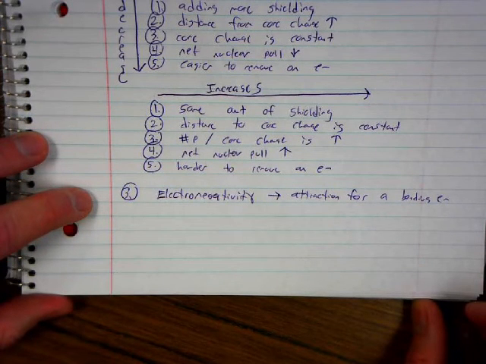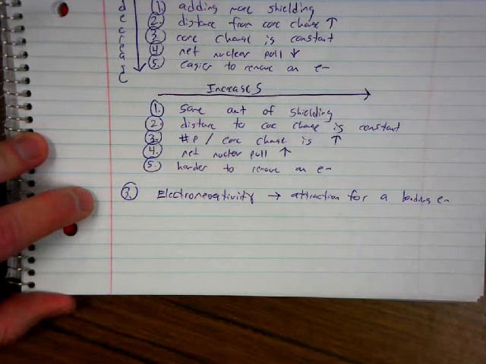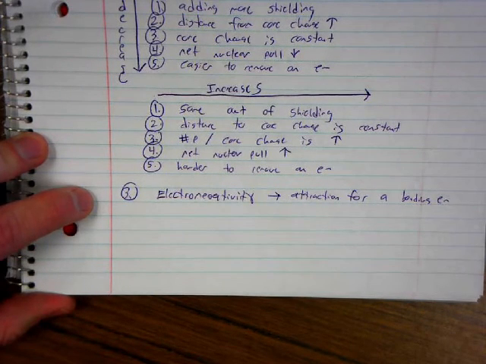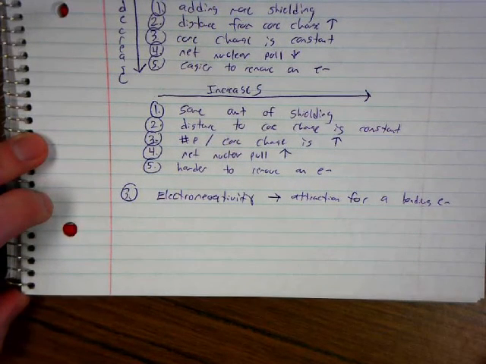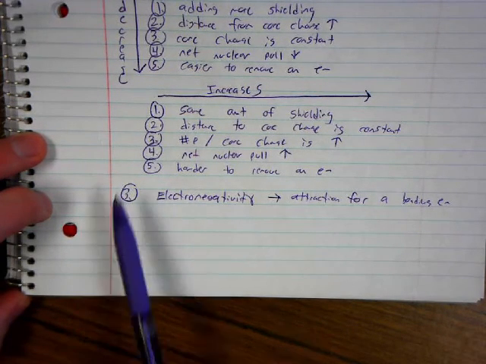This is literally the exact opposite of ionization energy. Ionization energy is the energy required to remove one. This is saying the attraction for an electron, but what's the trend going to be? It's the exact same trend for different reasons.